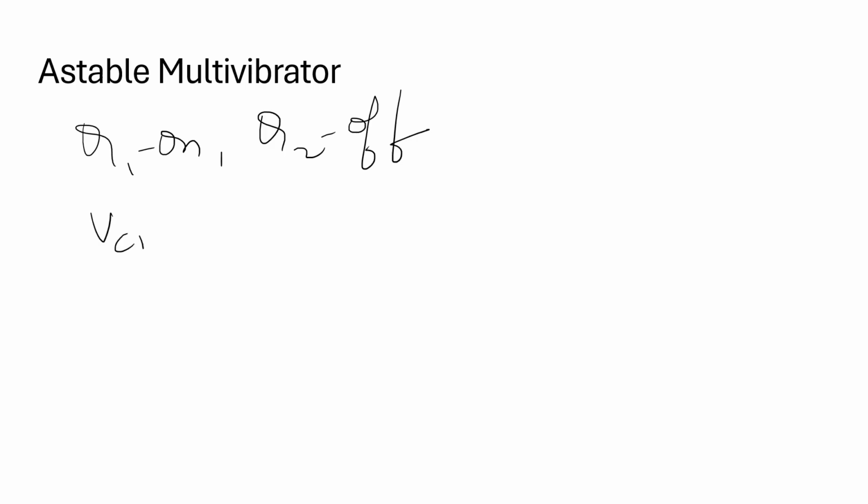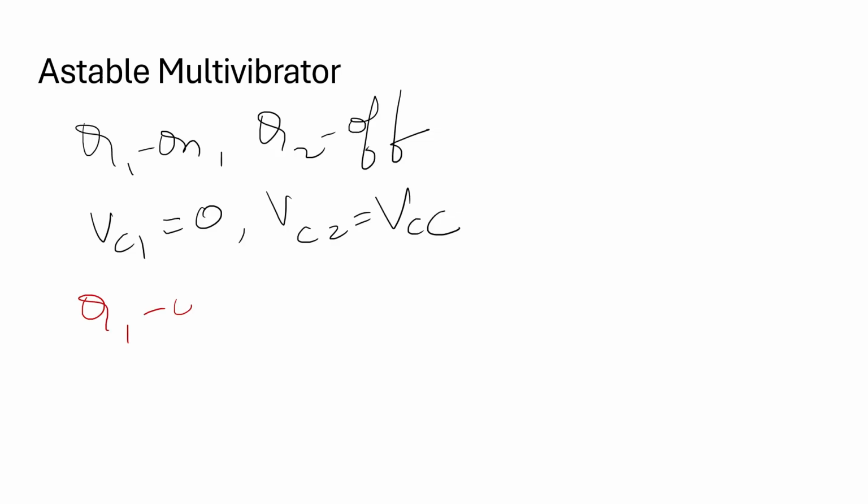Since this condition goes on and off alternatingly, when Q1 is on and Q2 is off, the VCC drops at RC1, VC1 will be equal to 0, and VC2 will show a maximum voltage of VCC.